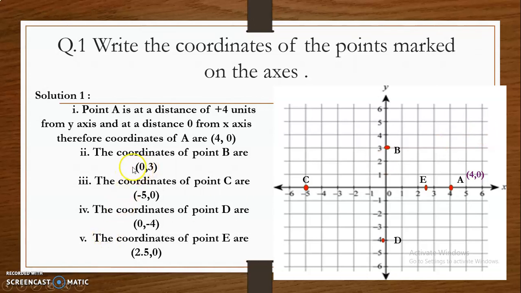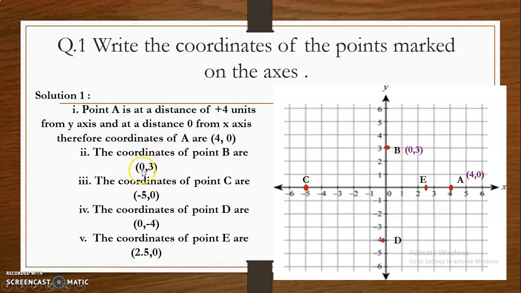Now decide the second coordinate, how much distance this point is away from the horizontal x-axis. It is 1, 2 and 3 units away from the x-axis.